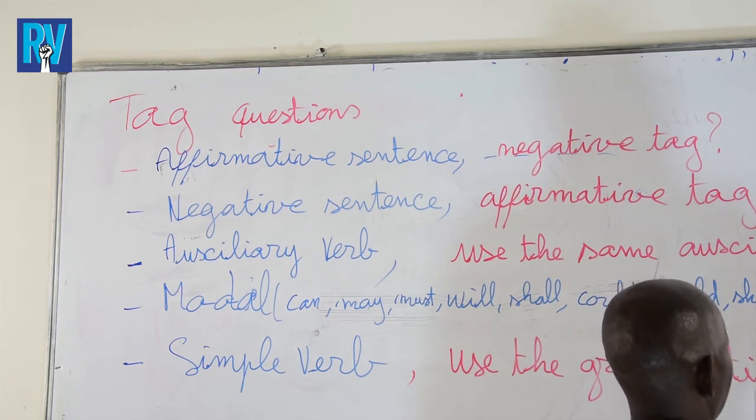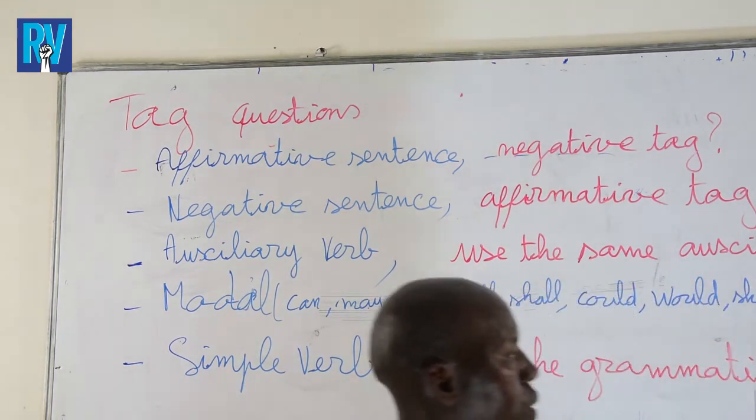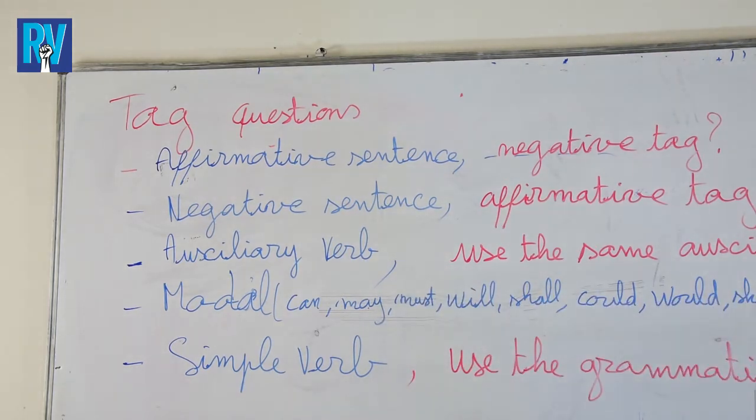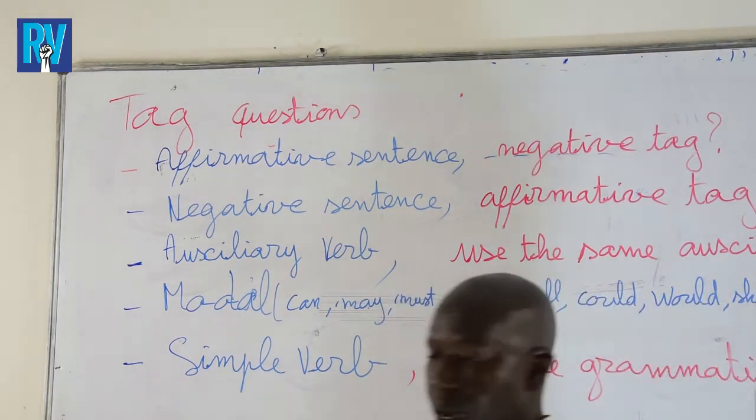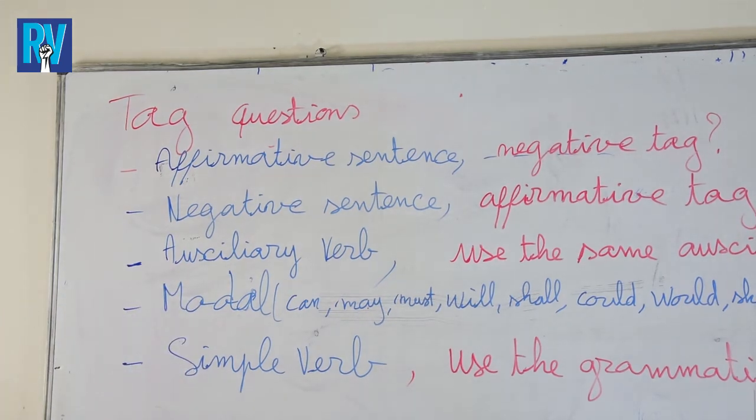Do, does, did, don't, doesn't, didn't. Donc on reprend. Quand on a un verbe simple, on a un do grammatical. Okay?